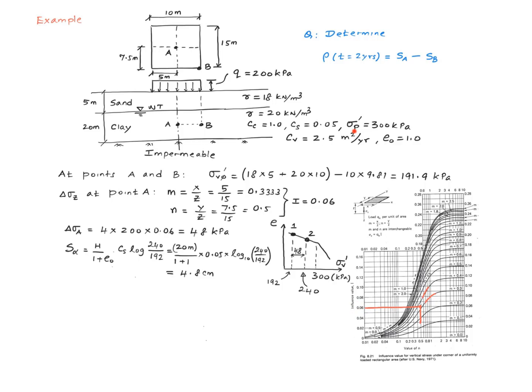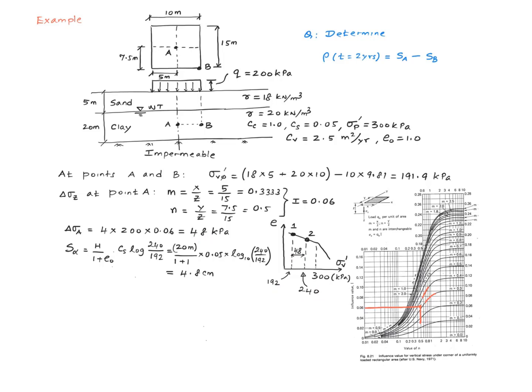Because the pre-consolidation pressure is very large, both the initial point and the final point plot on the swelling line. All right, so the value of the vertical stress at this point is 192. Value of the vertical stress at this point is 240, which is 192 plus 48, right?